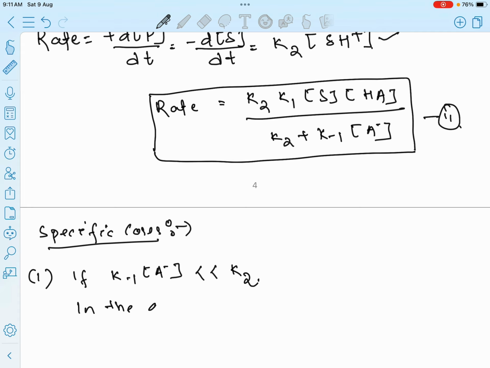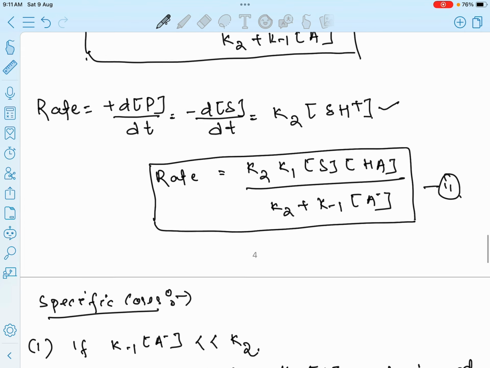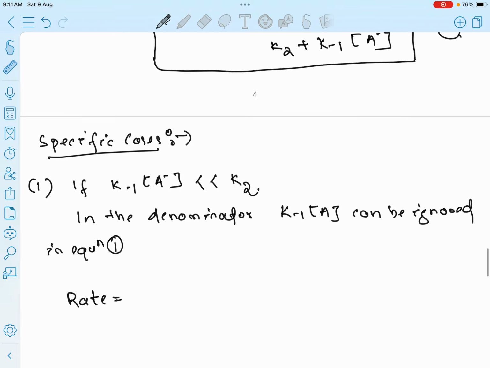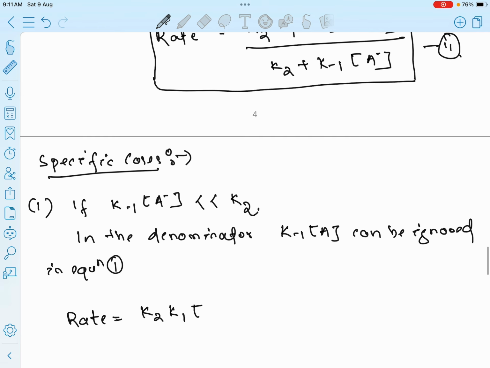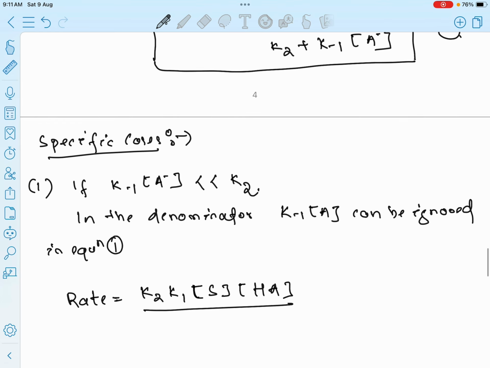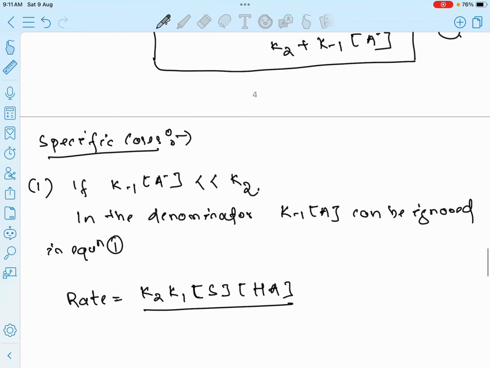In the denominator, K minus 1 A minus can be ignored in equation 2. Therefore, the rate will be equal to K1 K2 into concentration of S into concentration of HA divided by K2.